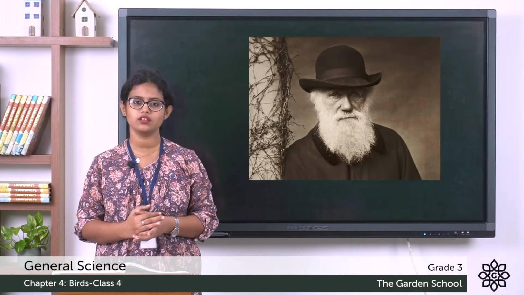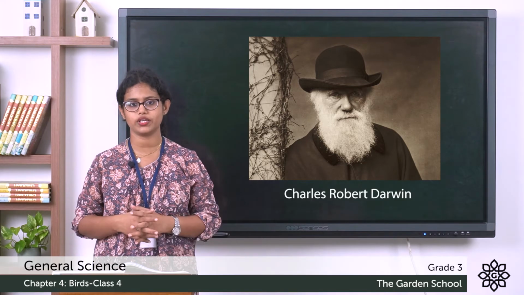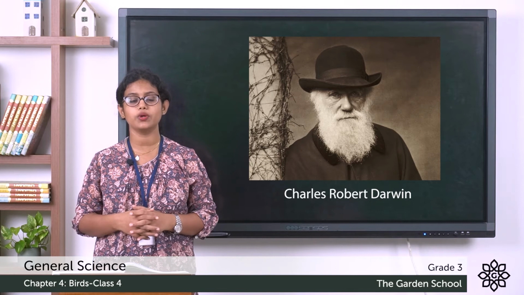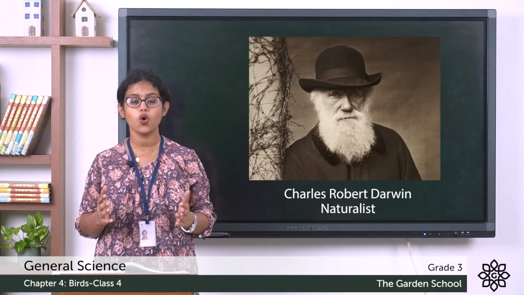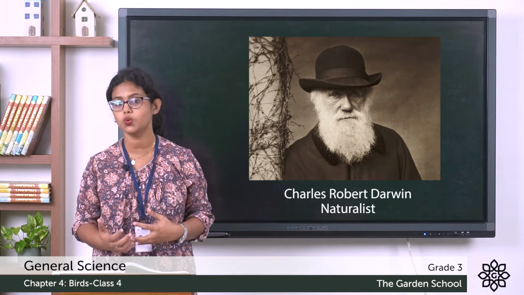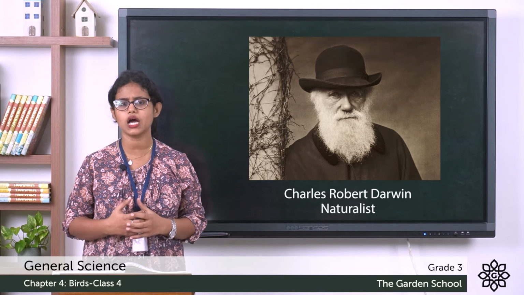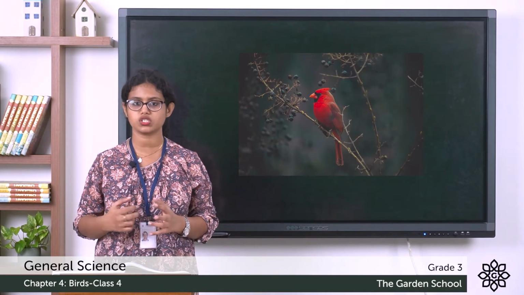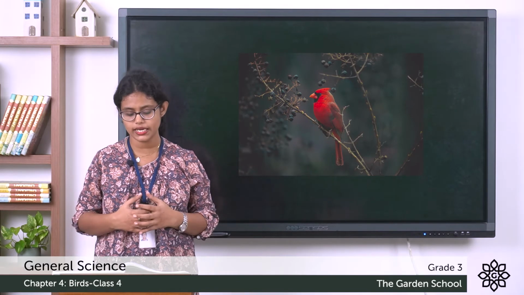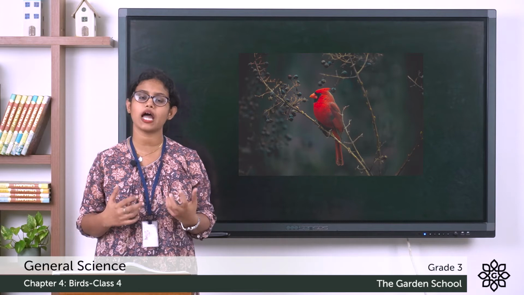The last one, let me ask you, have you heard about the scientist named Charles Darwin? So this Charles Darwin was a naturalist. You know who is a naturalist? The person who is expert in the natural world is called a naturalist. And this Charles Darwin, during his research work, found birds called finches. And he found 12 types of finches.